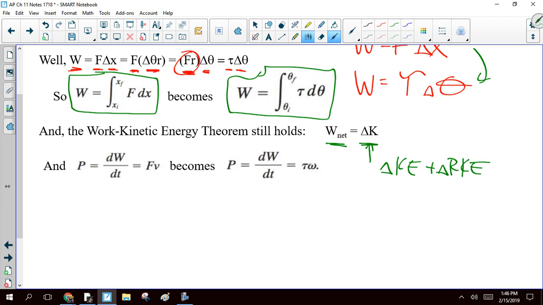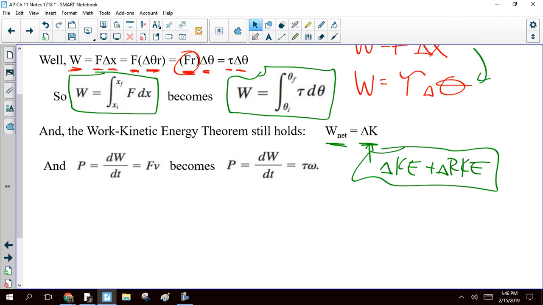I do agree with that, yes. So if you calculate the net work done on an object, you have found the change in kinetic energy plus the change in rotational kinetic energy? Yes.